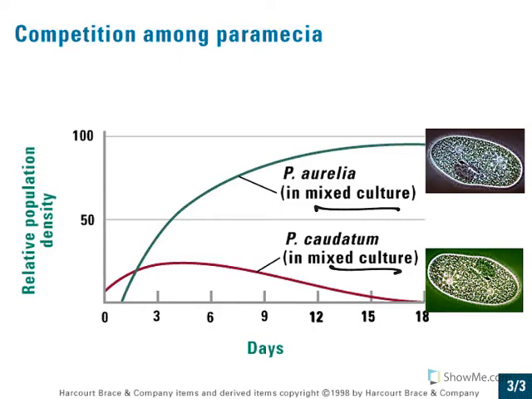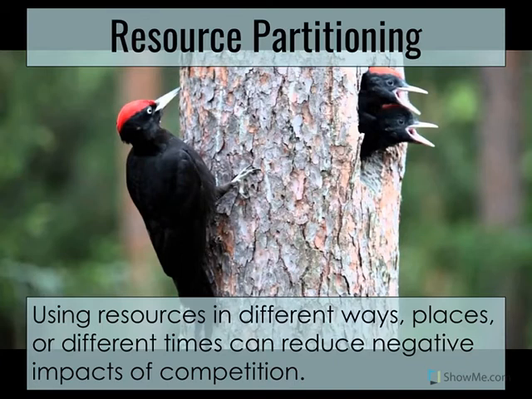So that results in one of these organisms surviving and having success long term, while the other one tends to die out. So that competitive exclusion principle states that these organisms, if they're using resources in the same way in a given area, they cannot coexist. So the way in which organisms that use resources in the same way tend to coexist in an environment is by partitioning that particular resource.